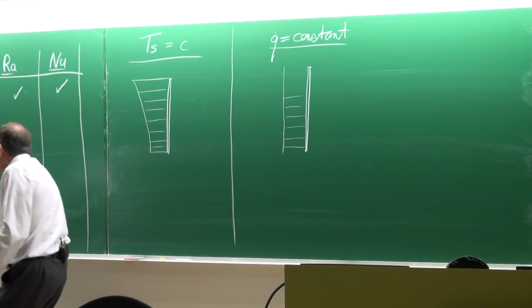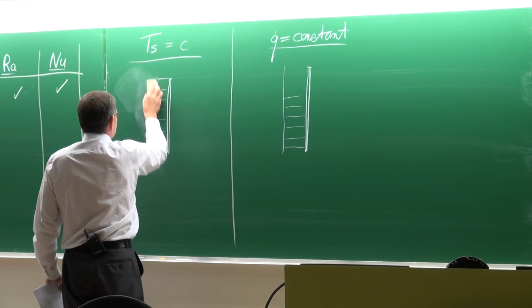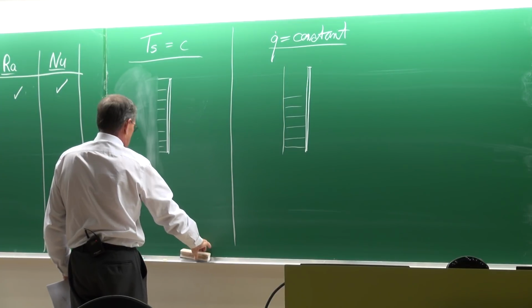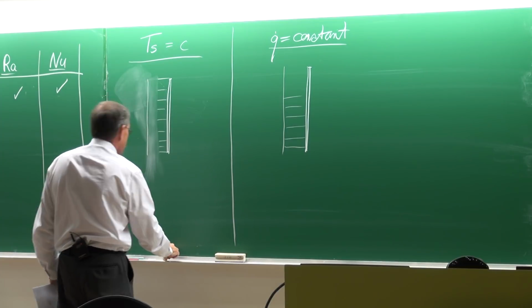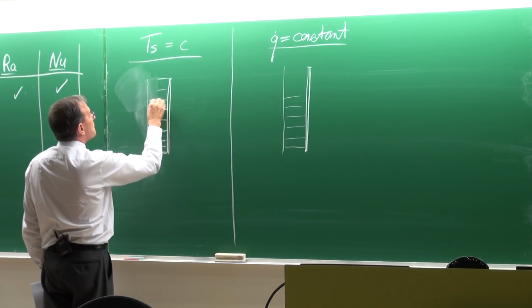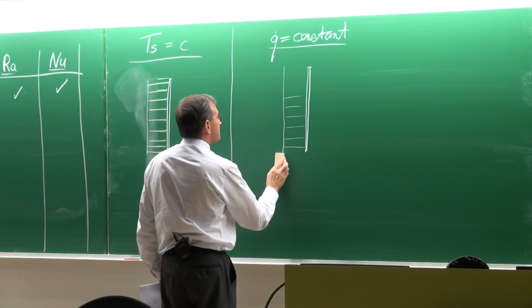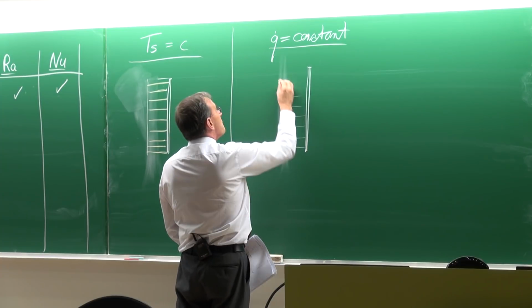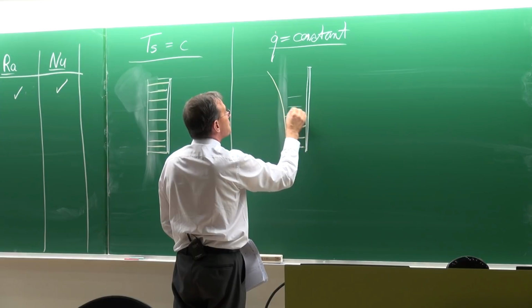It's the other way around. This is, of course, for a constant temperature. That would be the temperature that remains constant. While for a constant heat flux, the temperature distribution is going to do something like that.